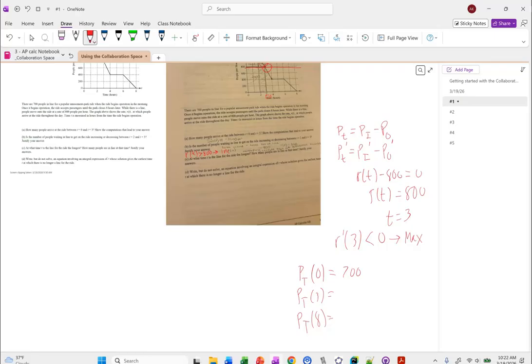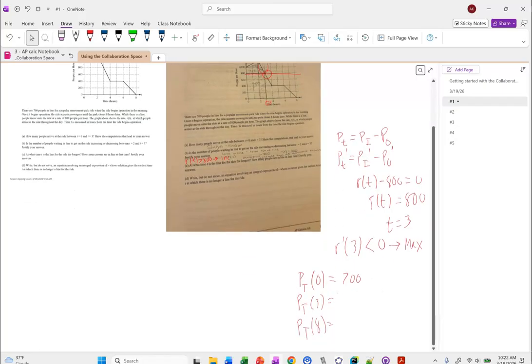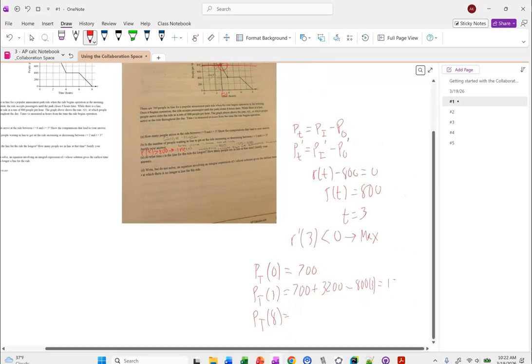And then P of 3 is going to be the 700 that started at the start of the day, plus the 3,200 we did in part A, that's the people that got into line, minus the 2,400 people that get out of line because they're getting onto the ride. There's 800 people an hour getting onto the ride.